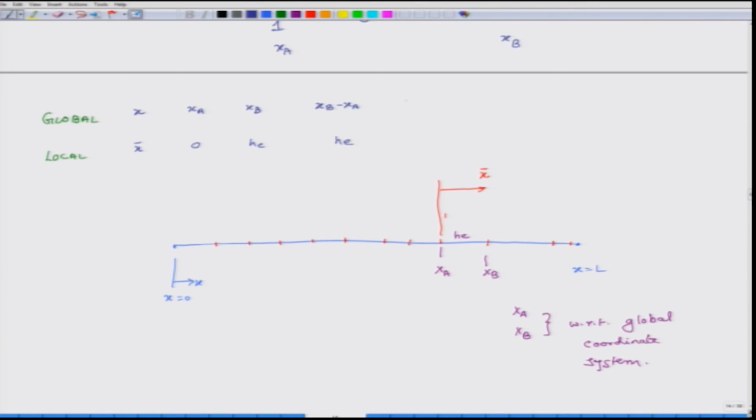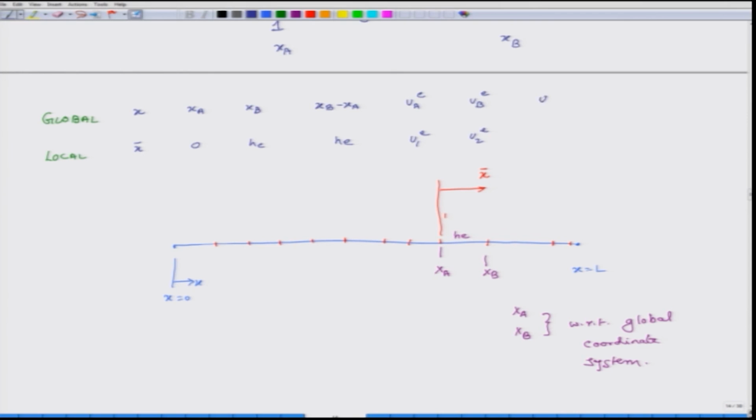In my global coordinate system, the displacement of the first node of the eth element is U A. Here I just call it U1 e. This is U of point B for the eth element, this is U2 e.